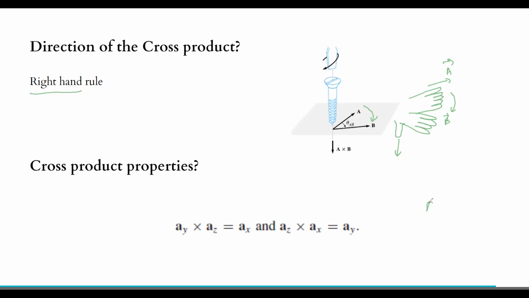So I will ask a question from you. What is the direction of B cross A? Can you tell me? You can let me know in the chat also.